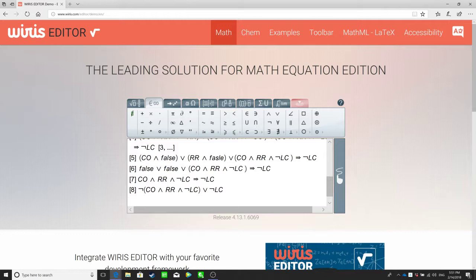Then we try to eliminate this negation, right? So it becomes negation CO. What should I put, or and? Or. If you put this negation inside these brackets, you put the negation in front of each of the variables, but you change from and to or, and from or to and. Okay, so be familiar with that rule.